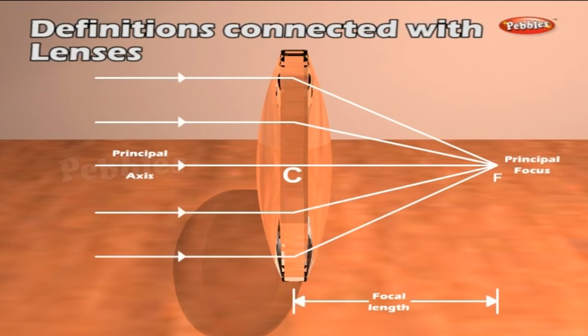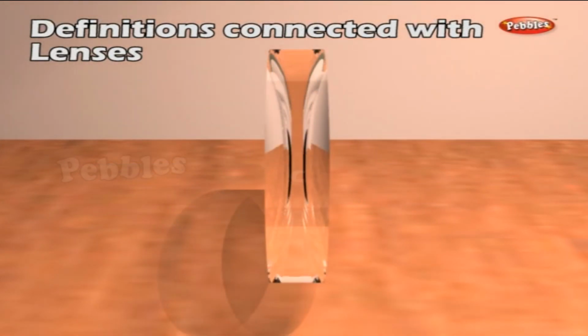Principal focus. In case of convex lens, principal focus is a point on the other side of the lens where a beam of light parallel to principal axis before refraction meets.